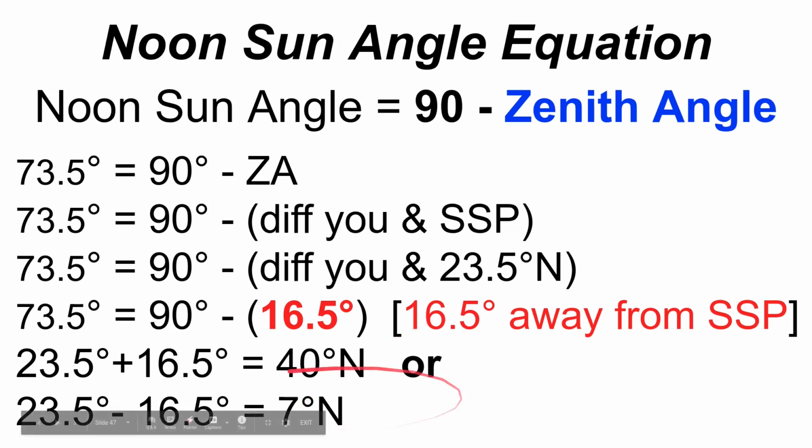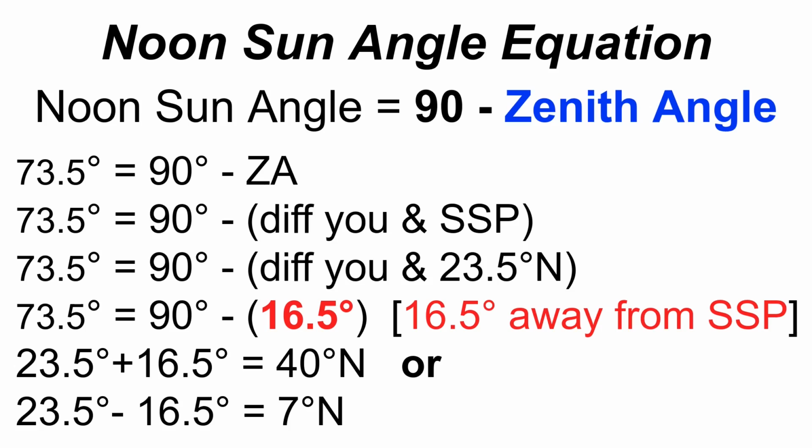So that if the subsolar point is 23.5, you could either be 16.5 degrees farther north or 16.5 degrees farther south. So those 2 options for us to be are either 40 degrees north or 7 degrees north, because both of those are getting the sun at a 73.5 degree angle because they're both 16.5 degrees away from where the subsolar point is.